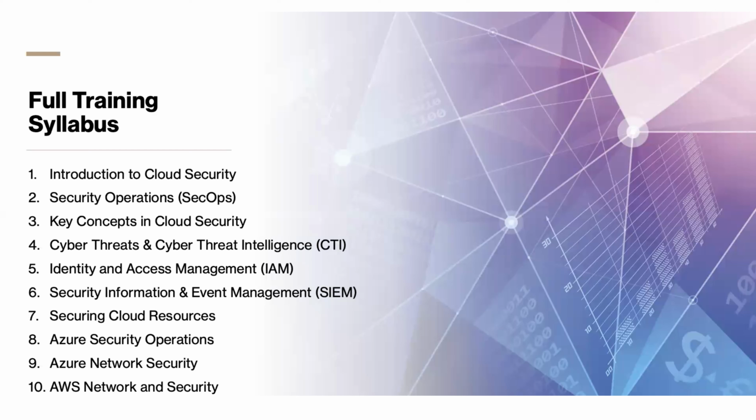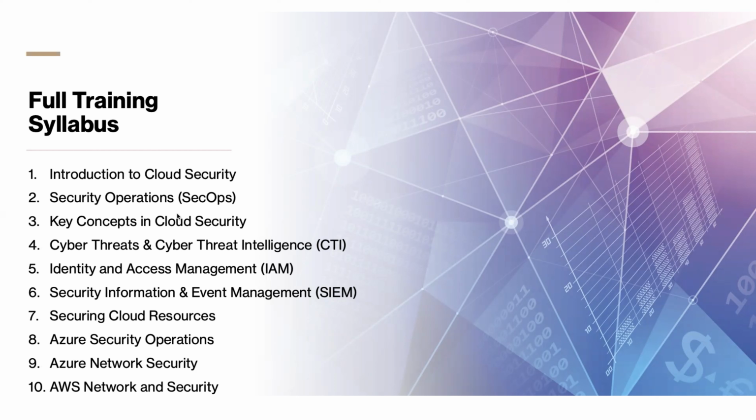As we move over here, this is what our full IT training syllabus looks like. Introduction to cloud security, and then one very key area of cybersecurity and cloud security called security operations, where we're going to be looking at things like encryption, DDoS attacks, phishing, cyber threat intelligence, cyber threats themselves, and many key areas such as EDR as well.